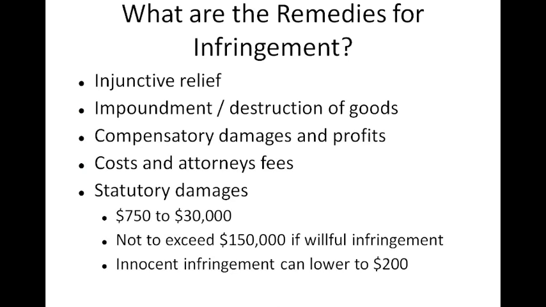In cases of willful infringement, where you can prove the infringement was done willfully, those damages can be increased up to $150,000 per act of infringement. There's another doctrine of innocent infringement, where you truly didn't realize that what you were doing was an infringement, and the trier of fact agrees. That can lower the statutory damages down to $200 per act.